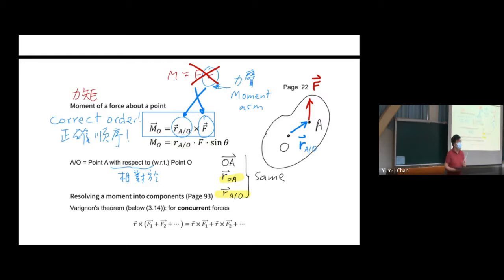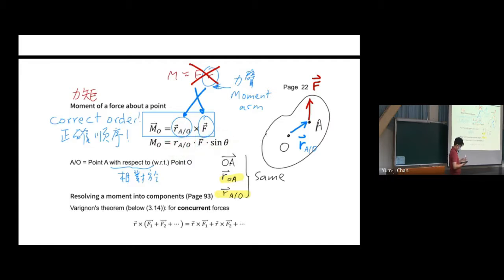The next thing, if you have learned cross product in high school, you must know that the magnitude of MO, or the magnitude of the cross product, is R times F times the angle between the two.